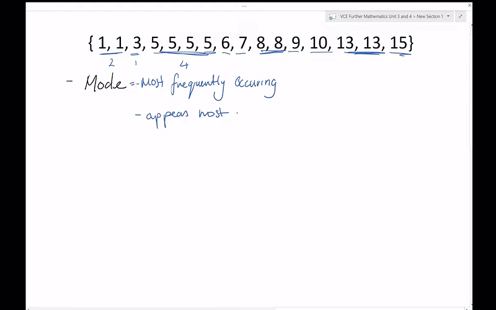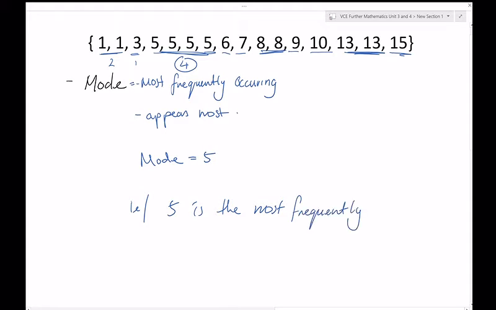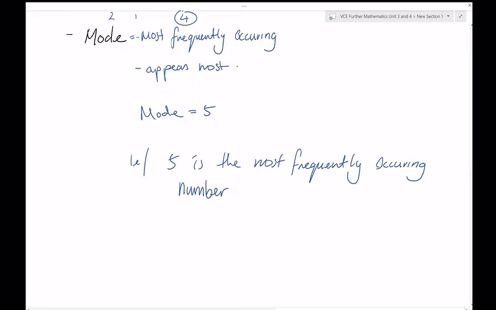So obviously there are four 5s, and therefore the mode equals 5, i.e. 5 is the most frequently occurring number. 5 appears the most in this data set. I can't say much about it. That's all there is to it.